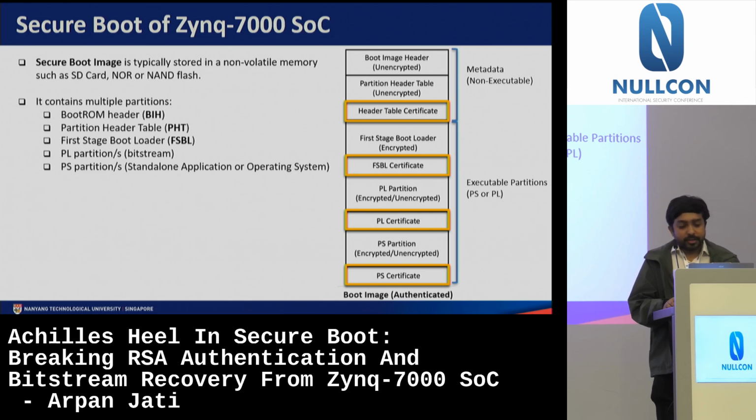But the most important thing is the partition header table, because it contains information about which part of the image is protected and which is not. So if we can attack the partition header table, we can change anything. The chip will not know which part is secured and which is not, and it will enable us to run our code on the chip.